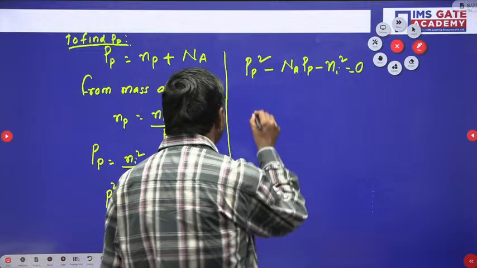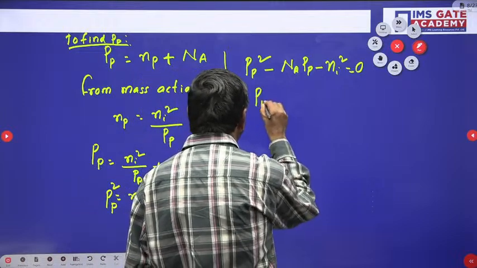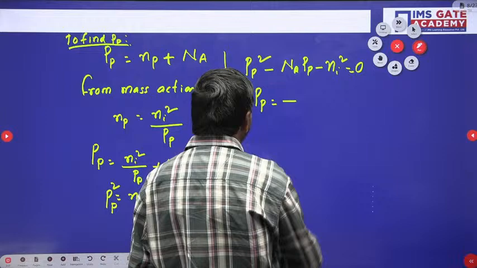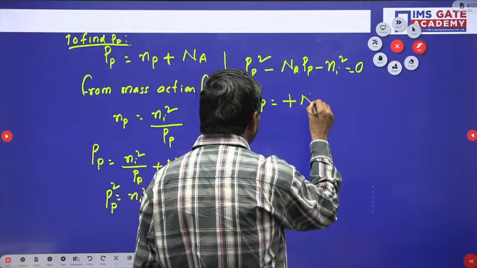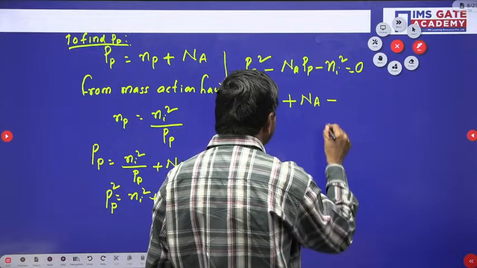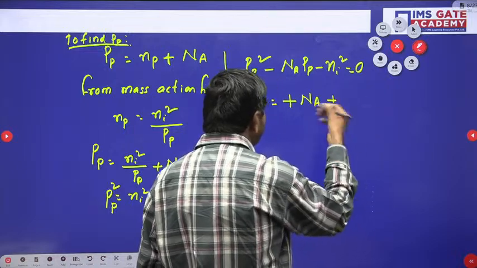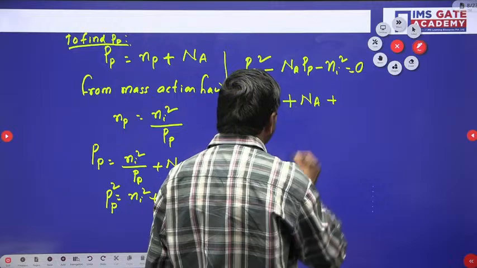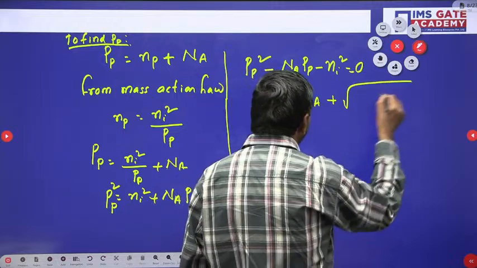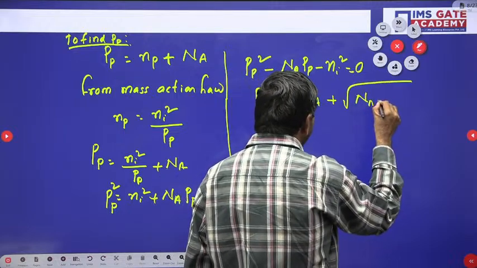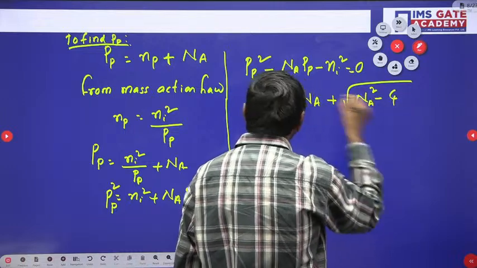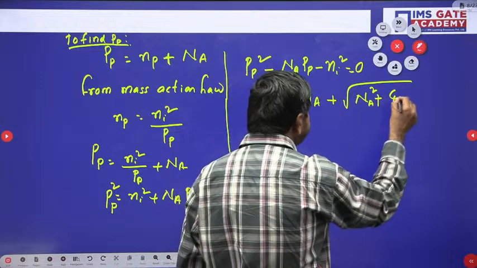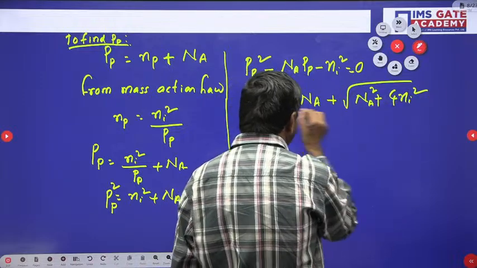P suffix p equals minus b plus or minus under root of b square minus 4ac, by 2a.